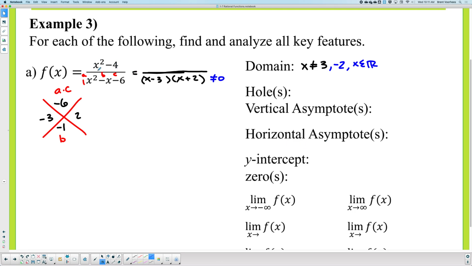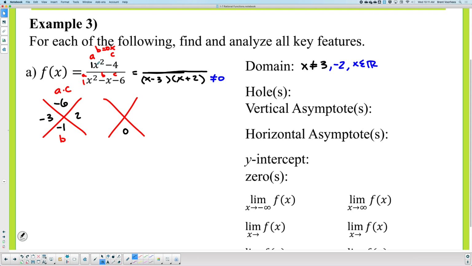Now, I'm going to do the same thing with the numerator. We could do an x method. You might recognize that as a difference of squares. There's a shortcut for that. This is a. This is c. I'm missing which letter? b is 0x if you want to use the x method, so 0 would go here.